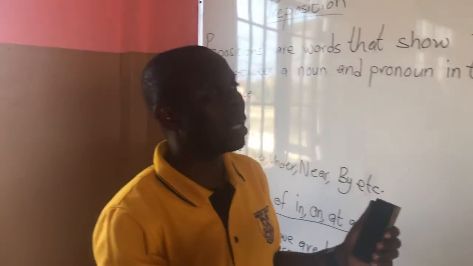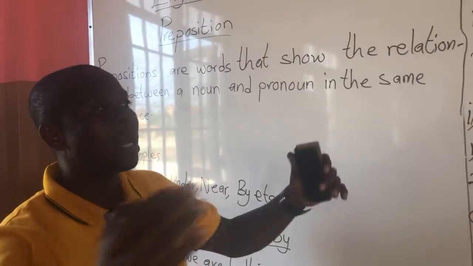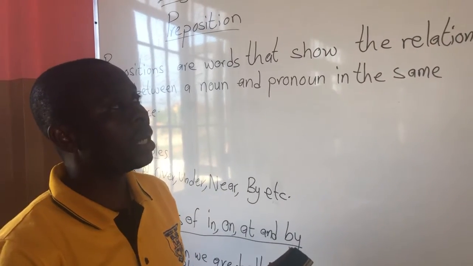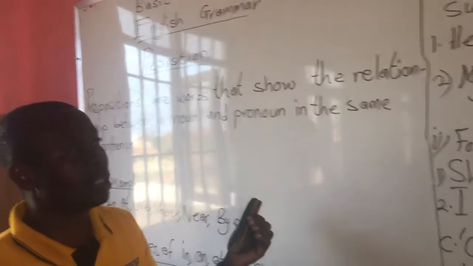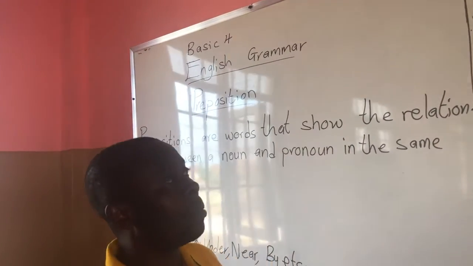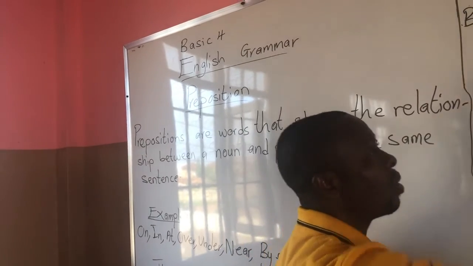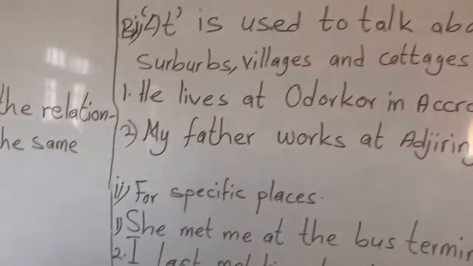For example, take Accra: we have Odoko and Ajingano as suburbs of what? Accra. And as for villages, we all know what we mean. So at is used when we are talking about suburbs, villages, and what? Cottages.